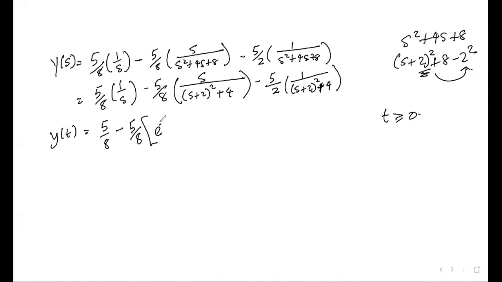That it's e to the minus 2t cos 2t minus e to the minus 2t sine 2t, minus 5/2 times e to the minus 2t sine 2t, and t is greater than or equal to 0.